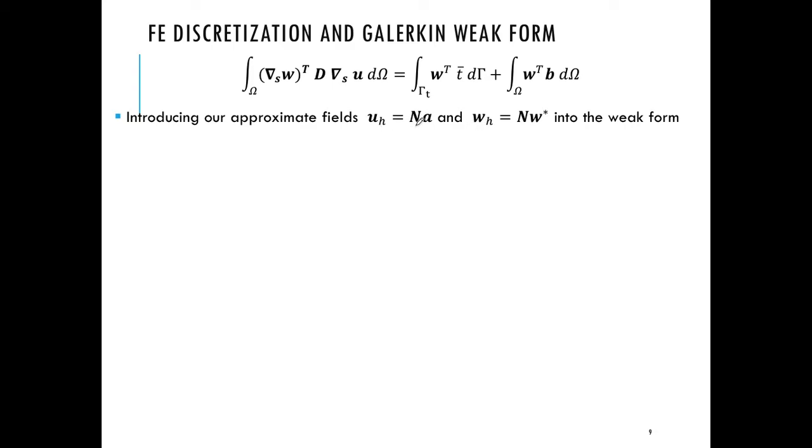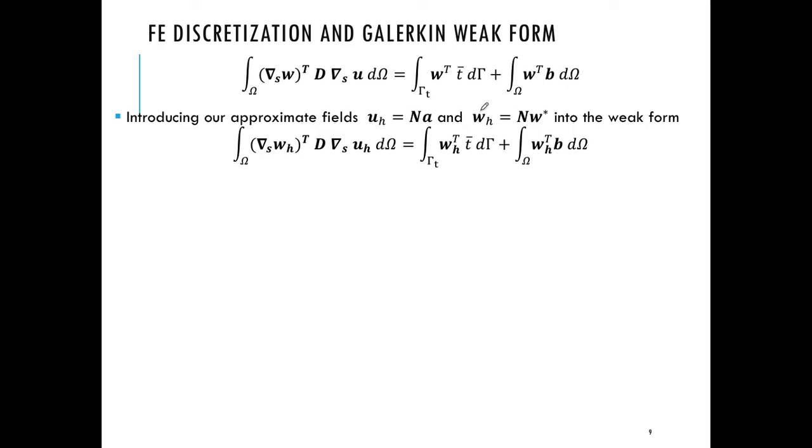So just substituting these into my weak form and just seeing what happens slowly. Wherever I have w, I'm going to substitute w^h, and wherever I have u, I'm going to substitute in u^h. So just done that. Next, I'm going to substitute in what these are. So u^h is N a, where a are my nodal degrees of freedom of my discretized domain, and w star are my arbitrary nodal values for the weight function.